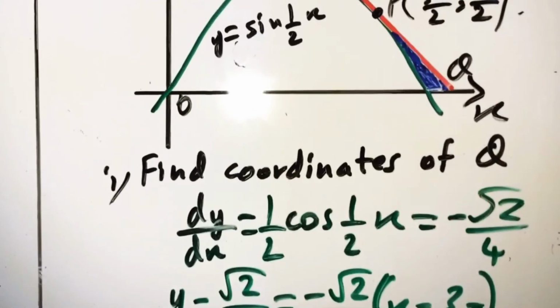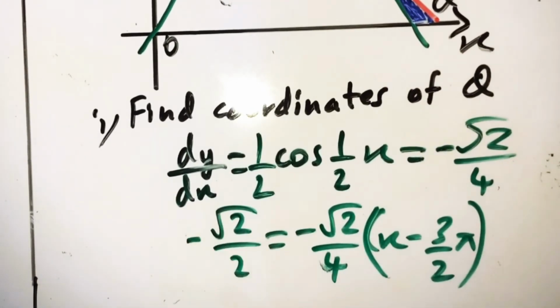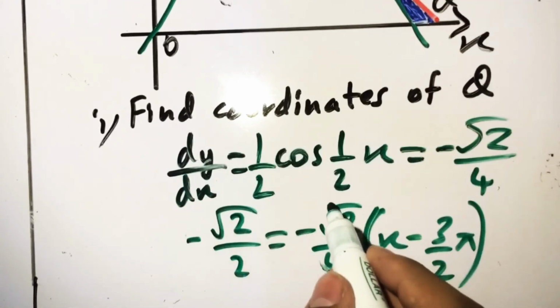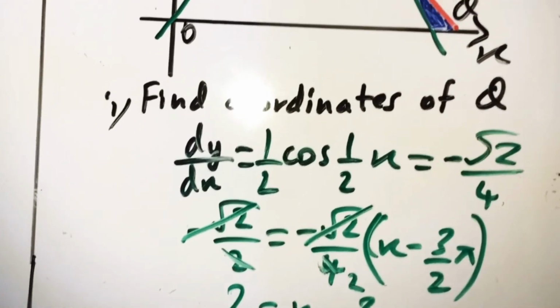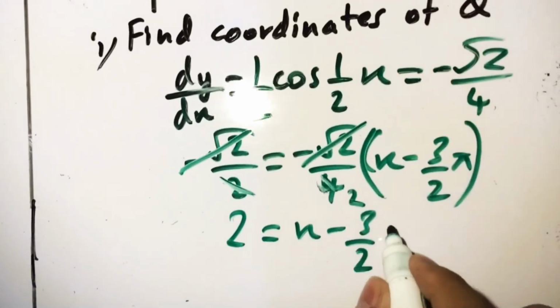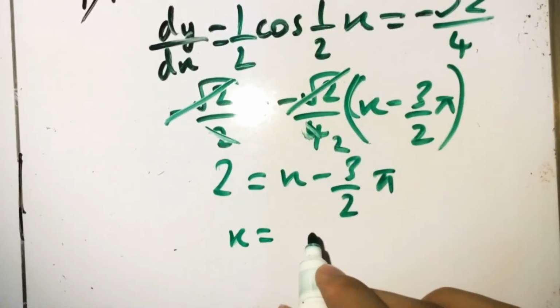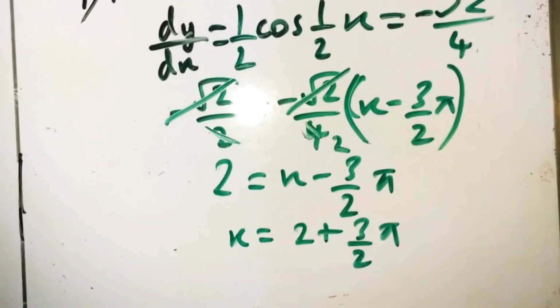Now to find the coordinates of Q, y will be 0, so we'll have 0 over here, and now shifting this to that side, in fact these will get cancelled, so 2 equals x minus 3 upon 2 pi, x equals 2 plus 3 upon 2 pi.